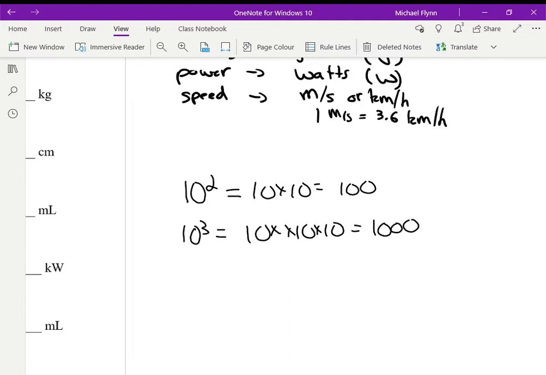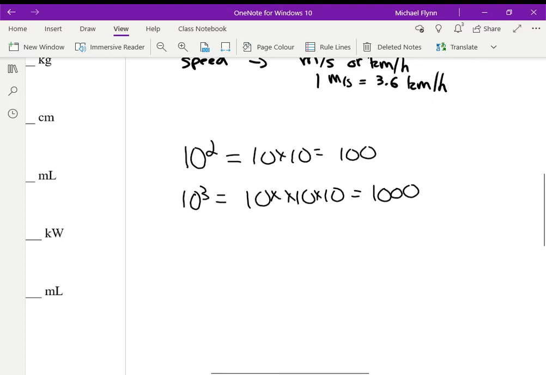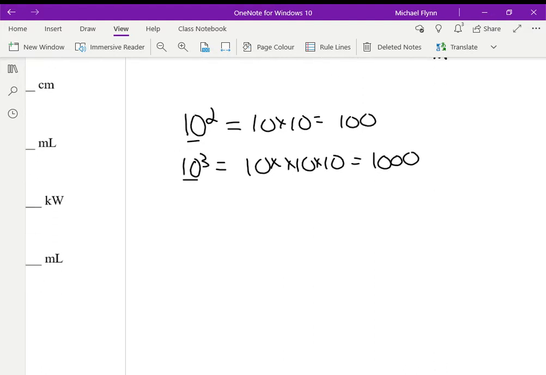In science, powers of 10 are really important. We use them all the time. So that's how powers work. That's called an exponent, the 3 and the 2, and the base is 10. Do you know what 10 to the power of 1 is? Well, that's just 10, of course.